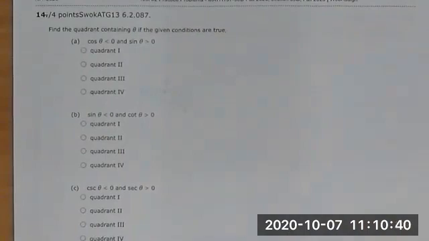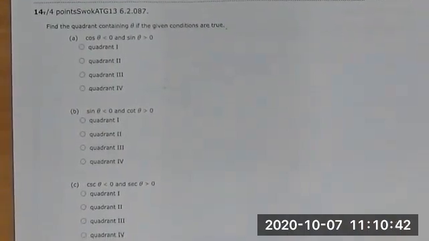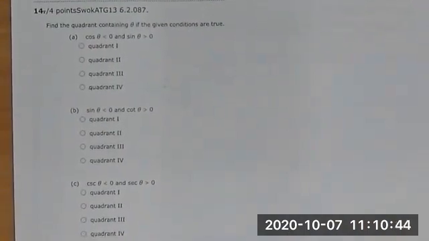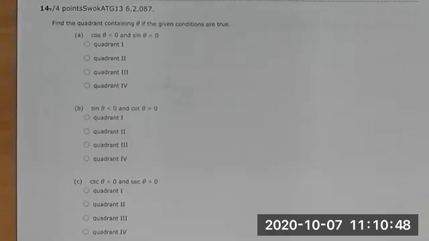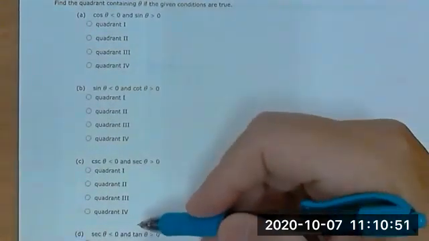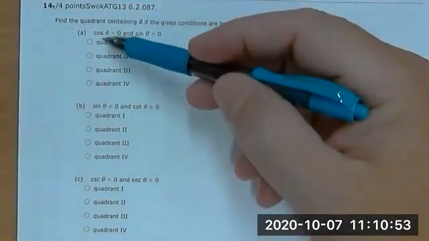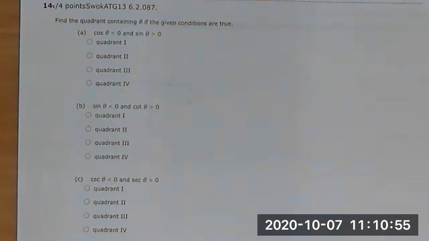14. All right. These are some exercises in just figuring out which quadrant your angle is in. There are 4 problems here. Each of these problems, they give you 2 pieces of information. They're actually 2 trig functions. They're telling you whether they're positive or negative.